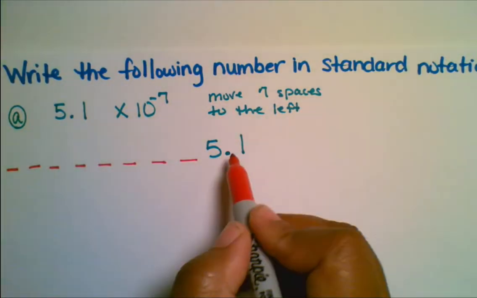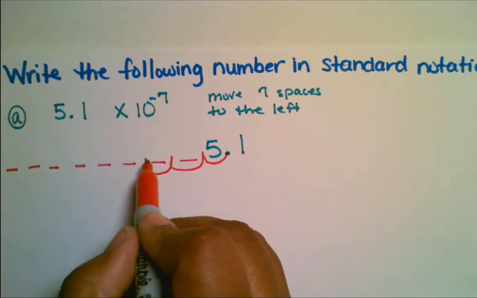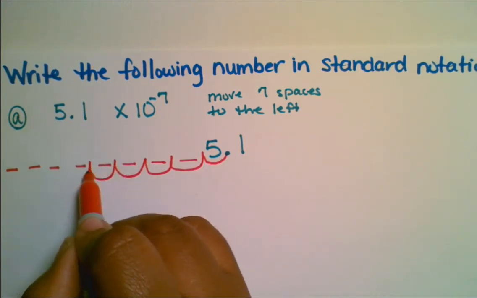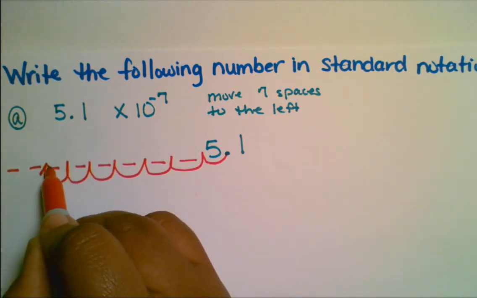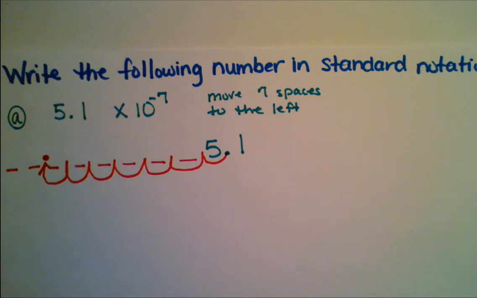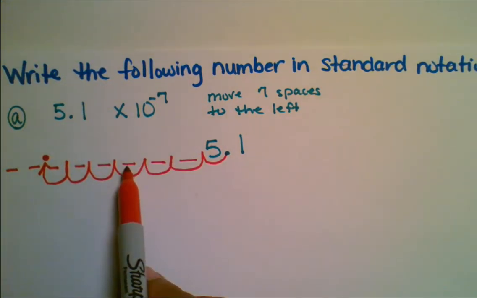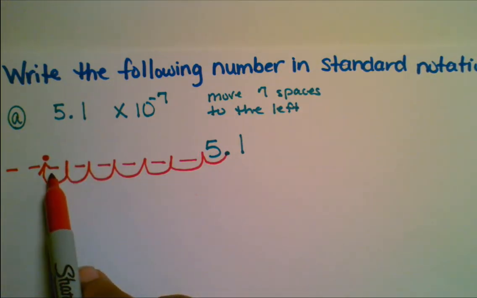Okay, so let's count. 1, 2, 3, 4, 5, 6, 7. So this is where our decimal point now will be located. And then how many blank spaces do we have? 1, 2, 3, 4, 5, 6.